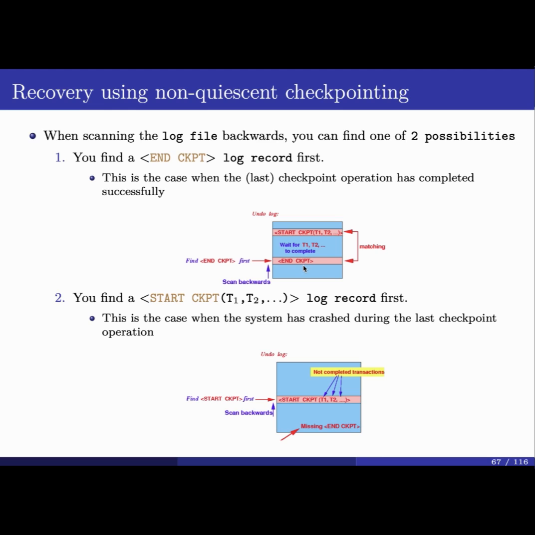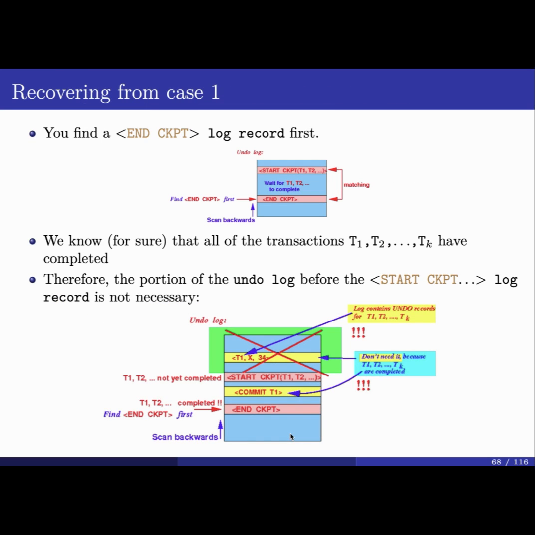What if it's the second scenario? You scan from the end, backwards, and you didn't find the end checkpoint, you find the start checkpoint. So that means in this case, the system crashed during the operation of the last checkpoint. How can you use this? I will show you here.